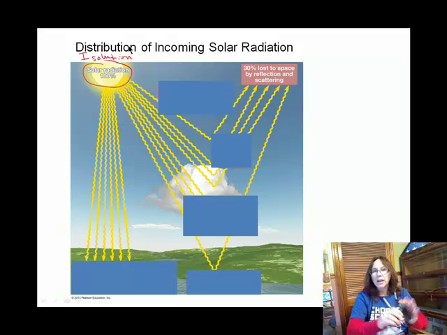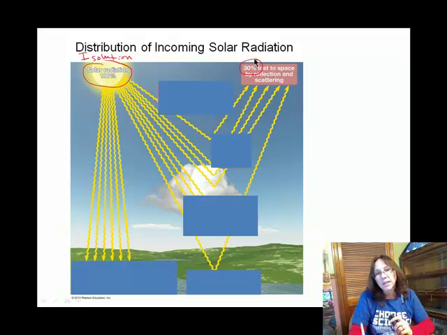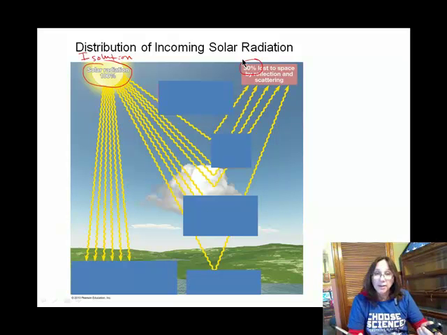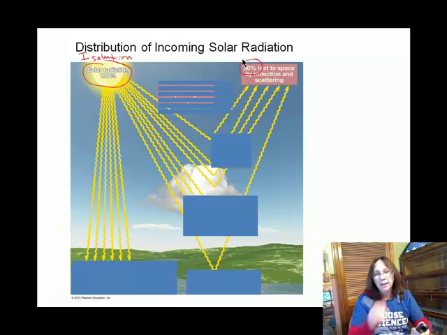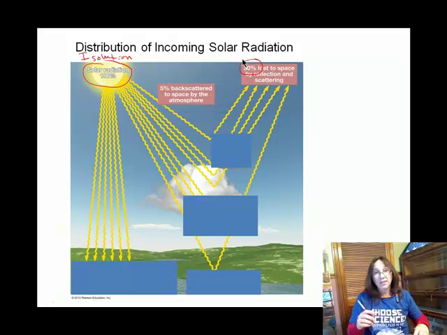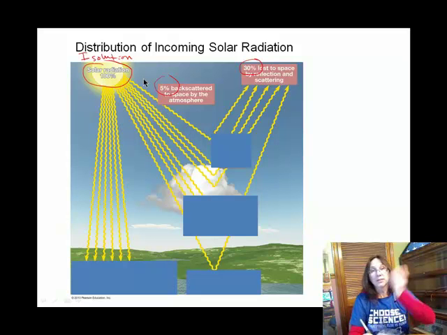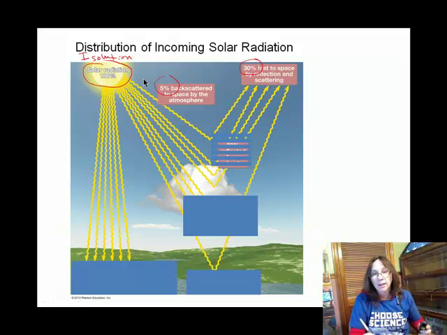So if we look at it as 100% during the daytime, notice that actually 30% don't make it to the geosphere. It's redirected, and it's redirected by basically the stuff in the top part of the Earth's atmosphere. About 5% of that incoming radiation from the sun doesn't even penetrate the atmosphere.